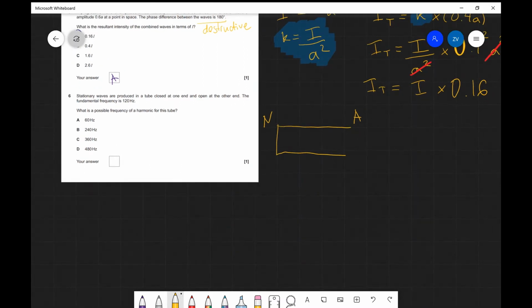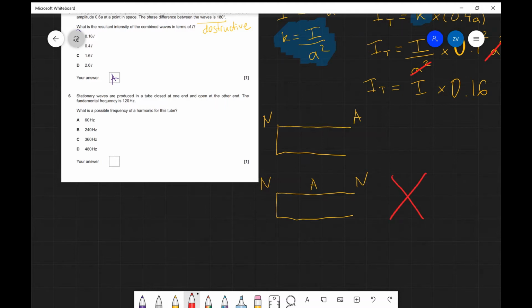We cannot have a factor of 2 of that frequency, or a factor of a half, in fact any even factor multiplying it, because what we're going to get is a node, then an antinode in the middle, then a node right at the end. Now this is not allowed.